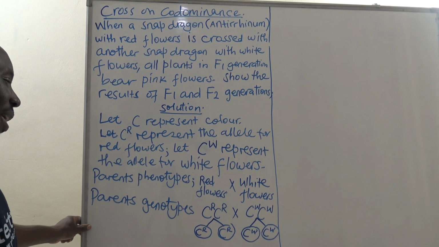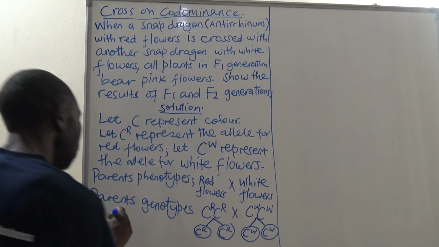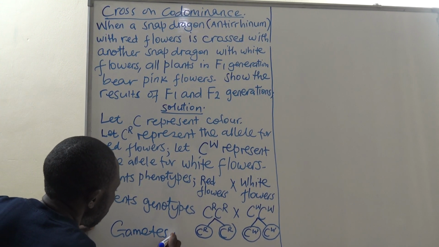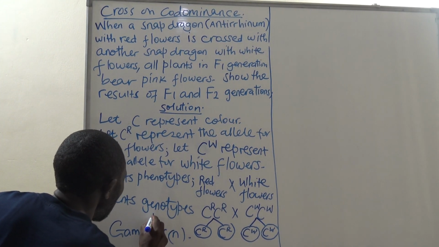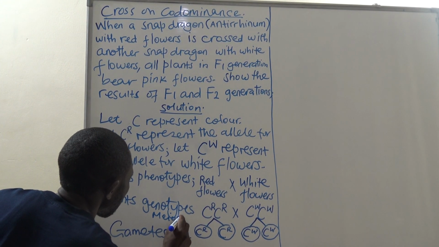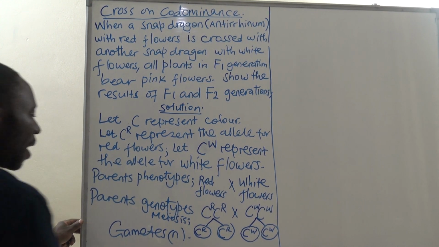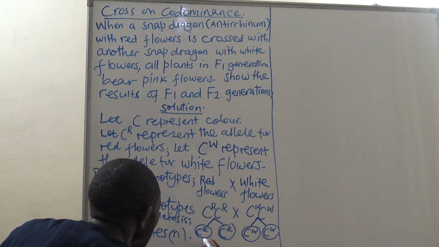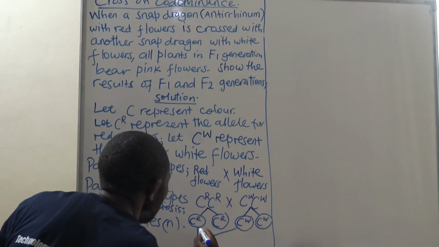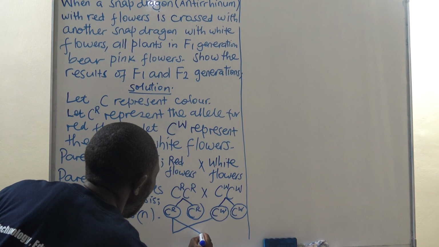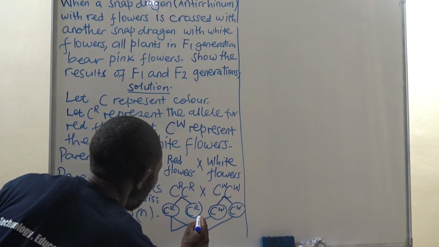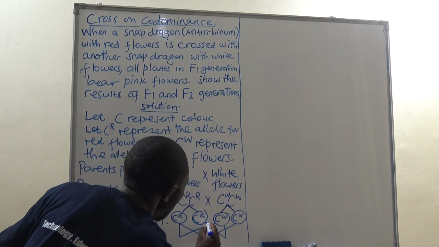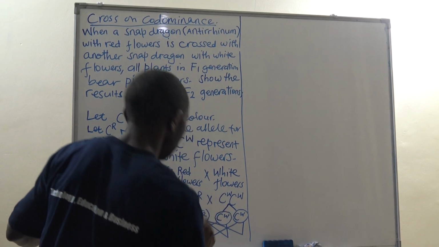Now at fertilization, what are we going to see? We have gametes here, which are haploid, and meiosis is taking place. I make short cross lines as shown on the board, crossing this one with this, and this one with this.